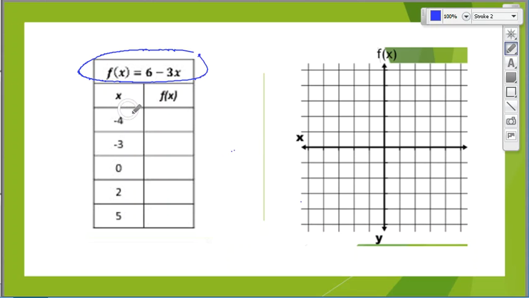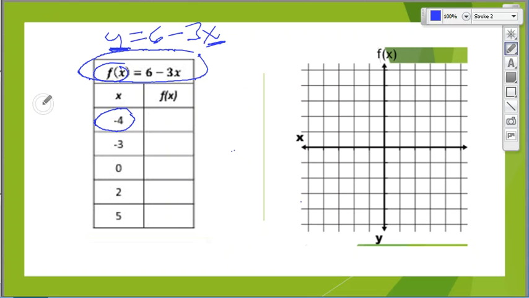We want to figure out what the y value is when the x value is negative 4. So remember, having an f of x or having a y, that's exactly the same thing. This is just function notation, okay? Because remember, this y is dependent on whatever we plug in for x.